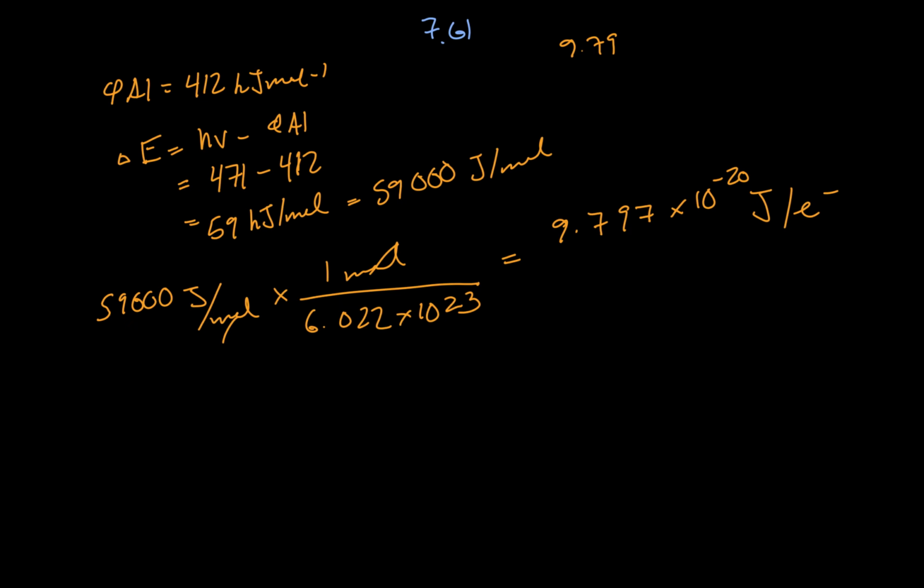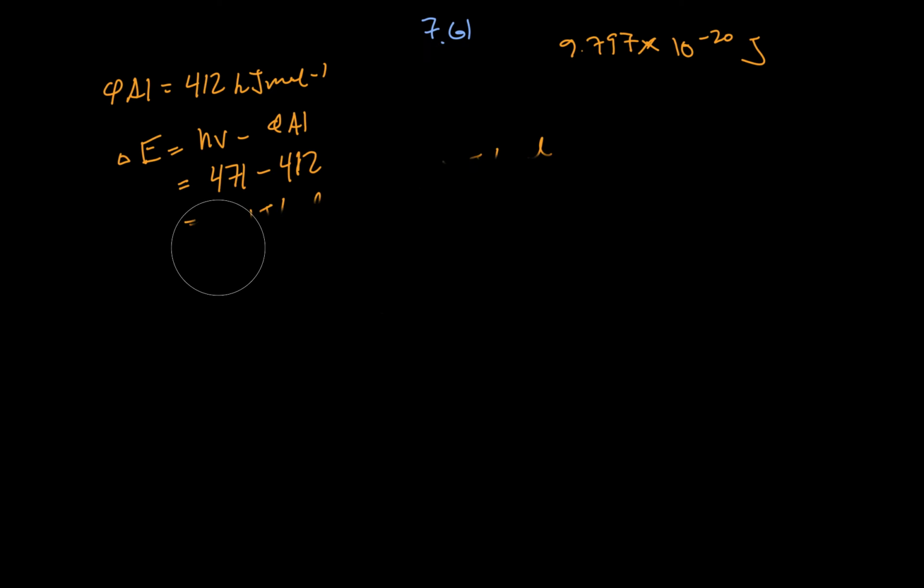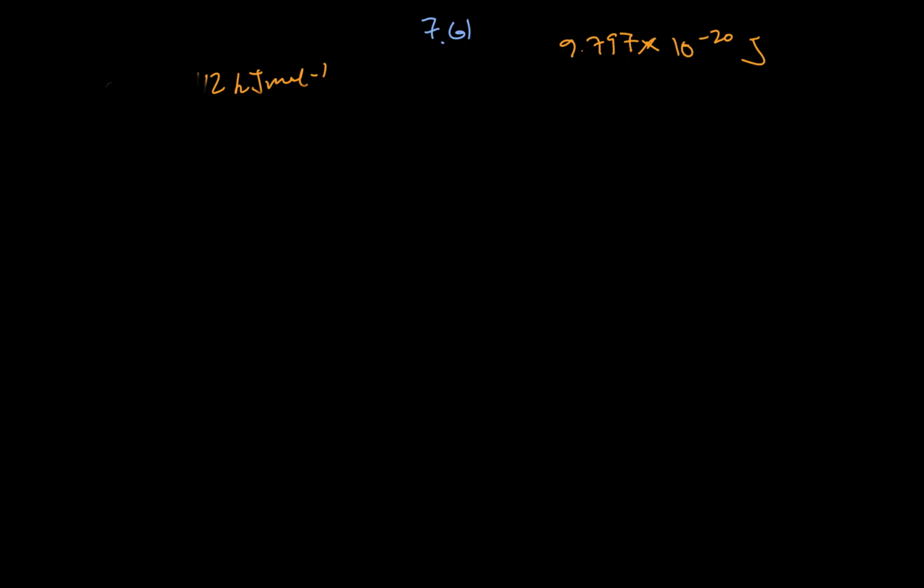So let's put that up here and erase the board, give ourselves some room for the rest of it. All right, so the formula for kinetic energy is the mass times the square of the velocity divided by 2.